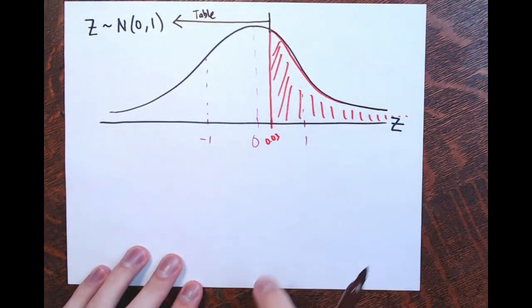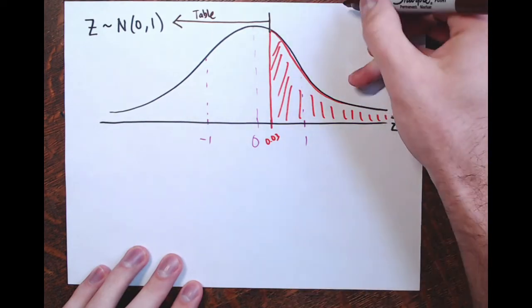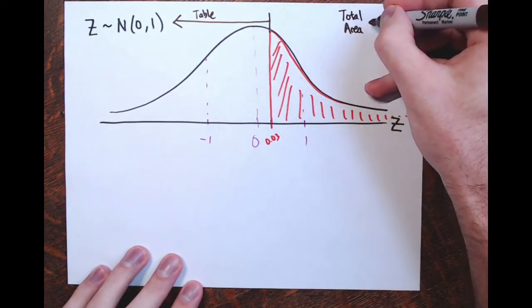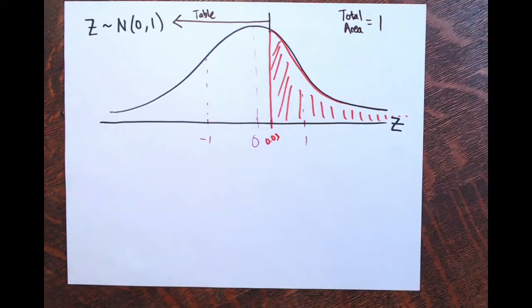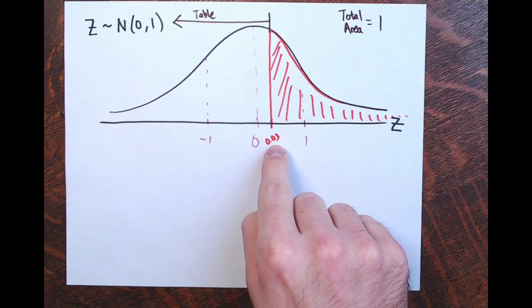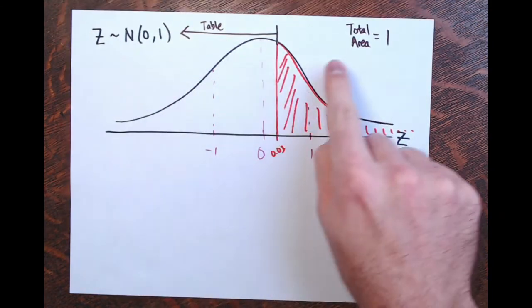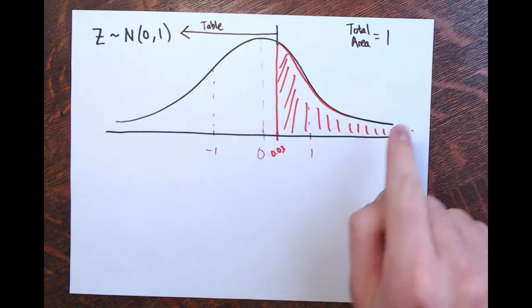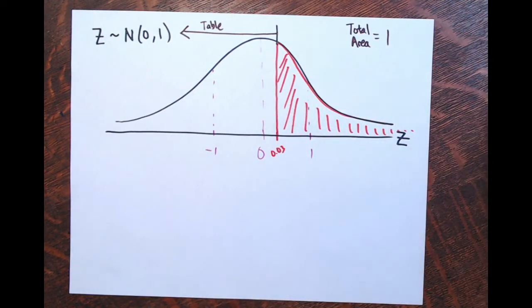So how do I find this? Remember, the total area, the entire area under the curve, is 100%. So if you look at the table for 0.03 and find the area to the left, just subtract that from 1, and you'll get the area to the right, and I'll show you what I mean.